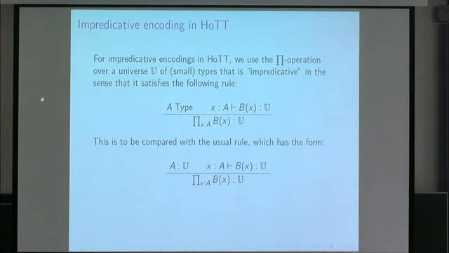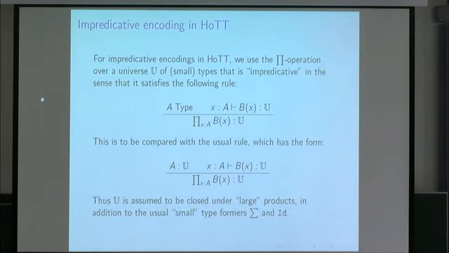The impredicative rule says the universe is closed under taking products of families of small types, full stop. Products indexed over anything. So that's what we're going to assume in our type theory, and we're going to go from there and see what we can do. The universe, by the way, is also closed under the other type-forming operations, but only the small ones. It's closed under sigmas, it's closed under identity types. That's all, so we go from there.